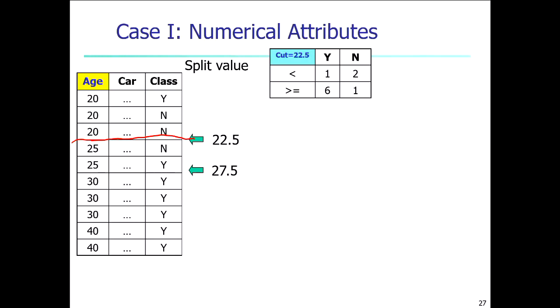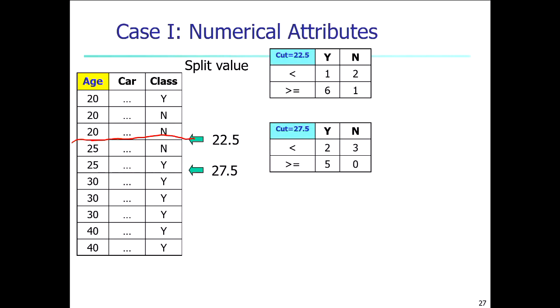And similarly for the split value of 27.5. And you can do the rest, where the third splitting value should be 35 in this data set.